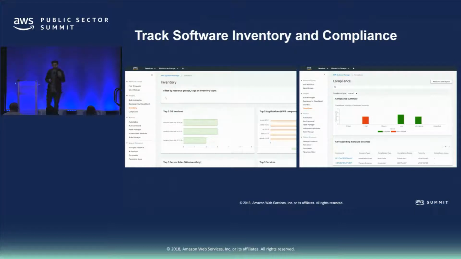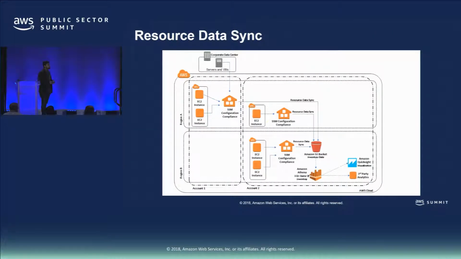Once you have collected all this data, you can actually push all this data into maybe a central S3 bucket. So think about this from a central IT perspective. For example, if you are a central IT and if you want to build a governance model, you may have other agencies that you want to enforce a compliance policy on.